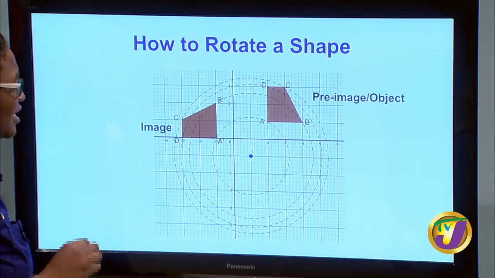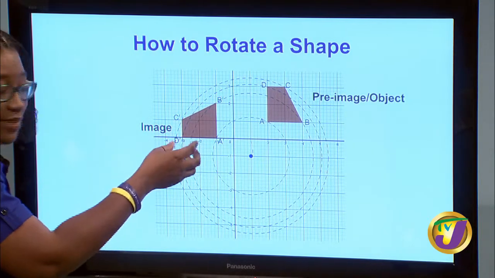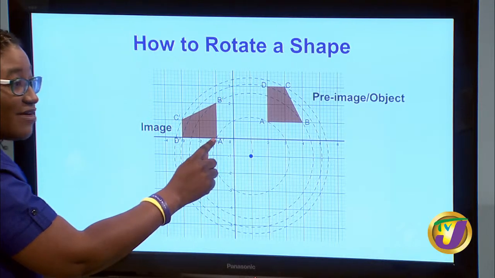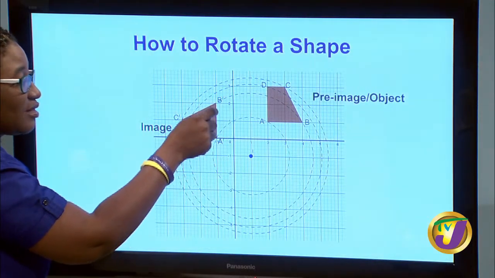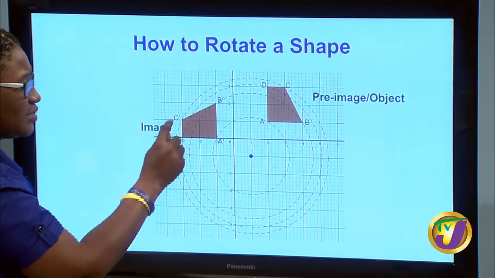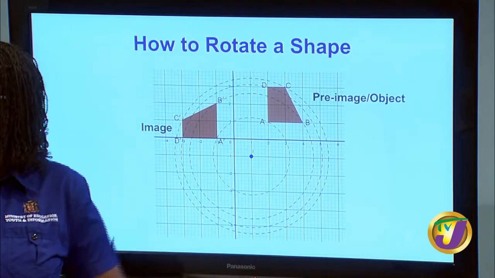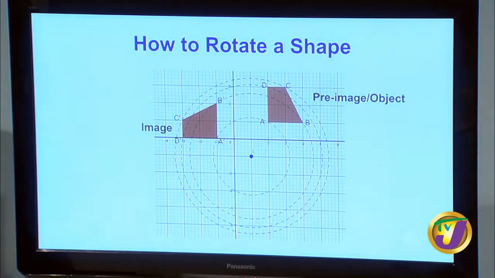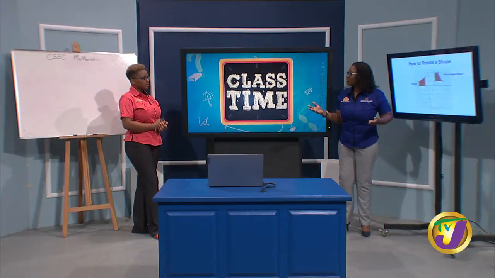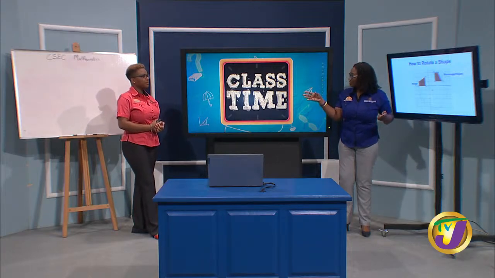Let's check my image. It's now A prime, but still going anti-clockwise: A prime, B prime, C prime, D prime. So the order of the labels is still the same, still the same shape. That would be a similarity.